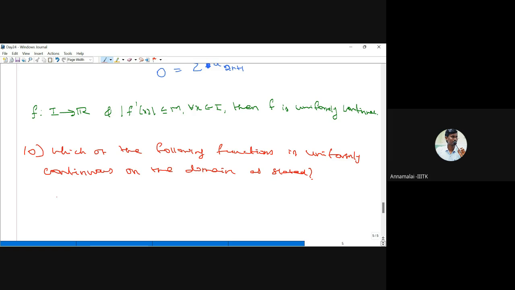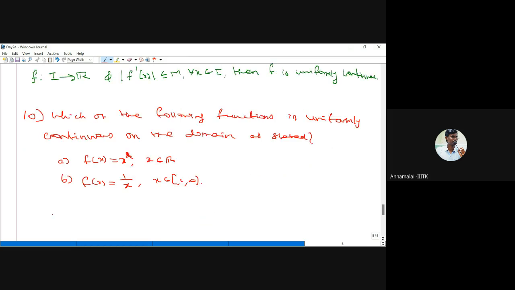So the first function, f of x equal to x square, the domain is the entire R. The second function is f of x equal to 1 by x, where x varies in the interval [1, infinity).